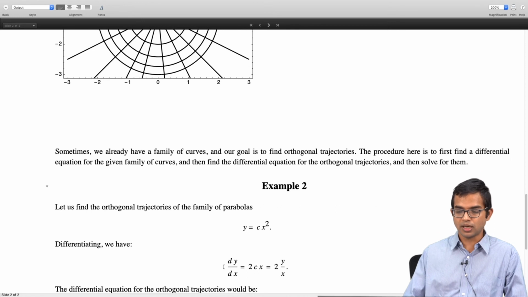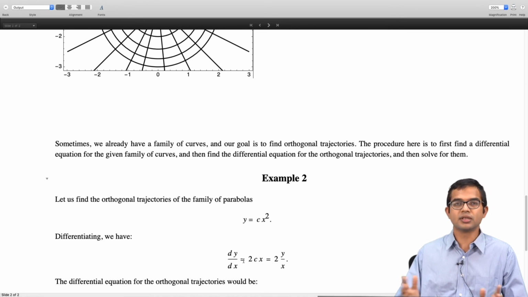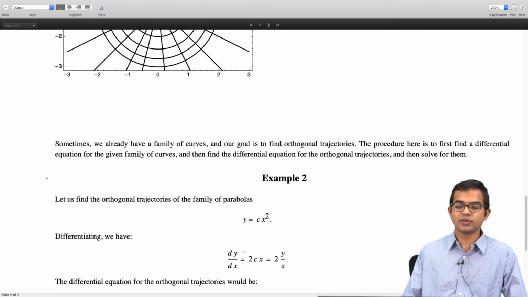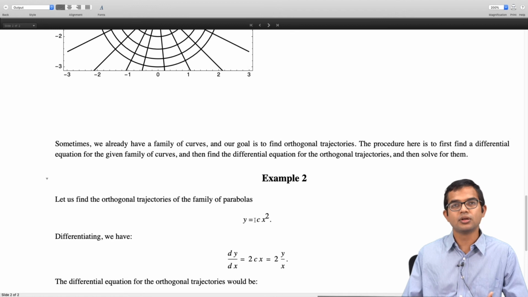So we have managed to write down a differential equation where there is no constant. If you solve this differential equation, of course you have to get back the same solution with this arbitrary constant.